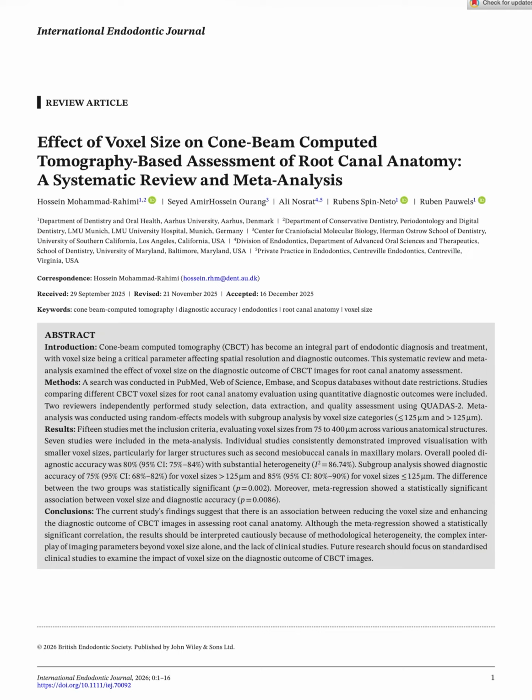The study has a lot of limitations, such as wide variation in CBCT devices, as mentioned before, acquisition protocols, anatomical targets, and presence of confounders, all influencing image quality independent of voxel size. And the substantial statistical heterogeneity, more than 75% in all pooled analyses, makes pooled accuracy estimates imprecise and limits generalizability.